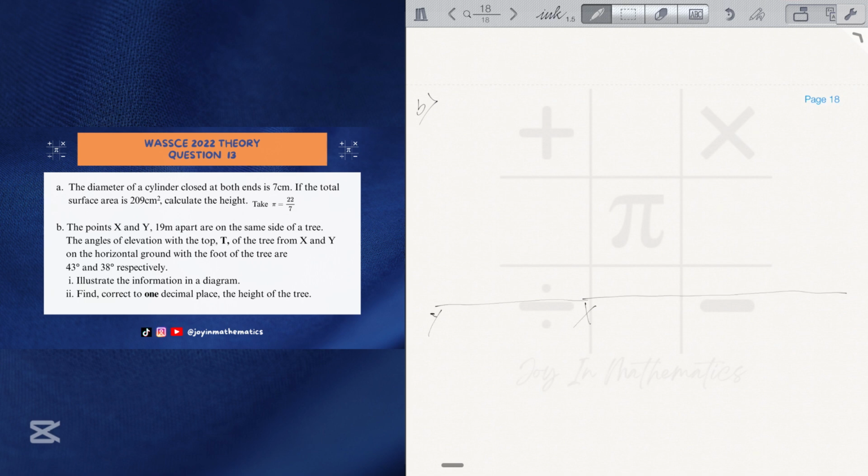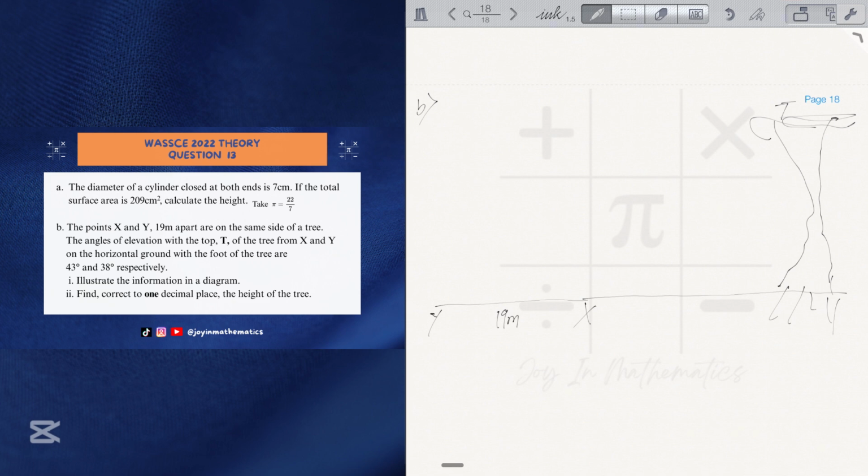2 points x and y, they are 19 meters apart on the same side of a tree. So we can draw a tree here. It has roots and it will grow and it will blossom to give trees fruits. So that's the tree. The angle of elevation at the top T of a tree from x and y on the horizontal ground, this is point T, with the foot of the tree, are 43 degrees and 38 degrees respectively.